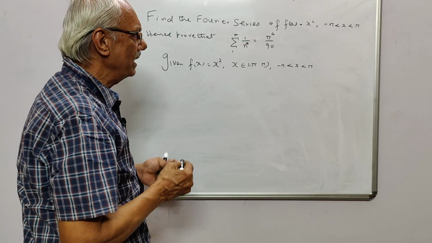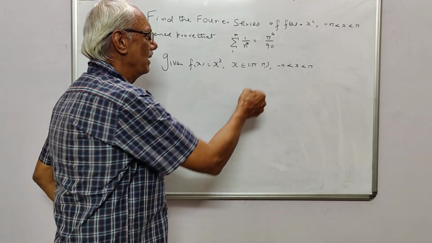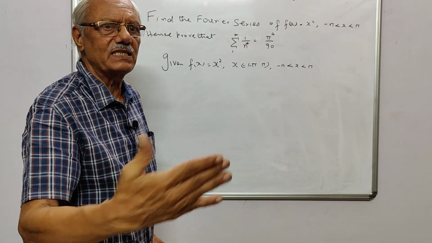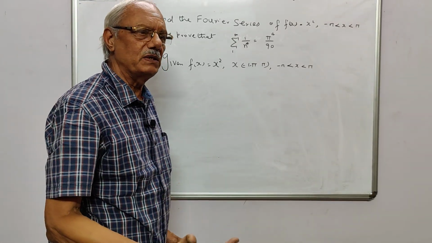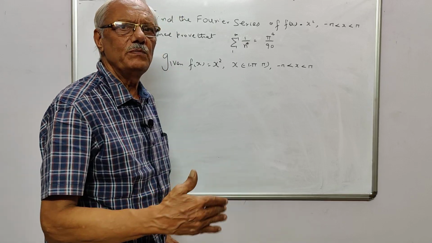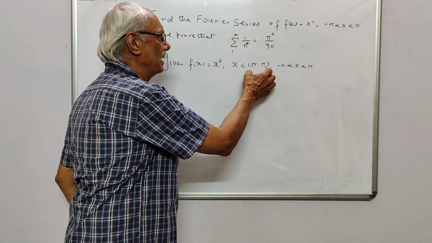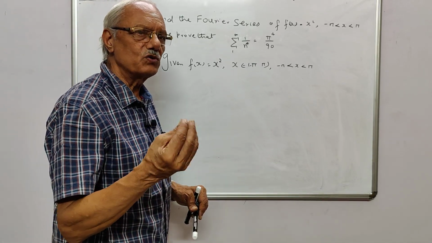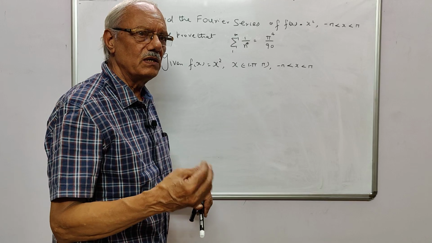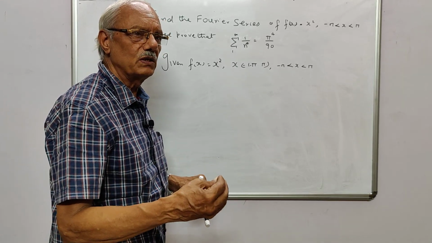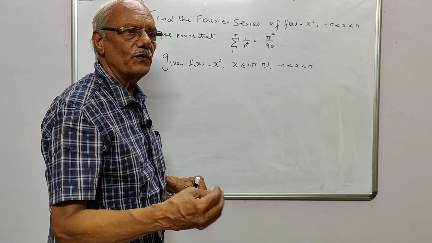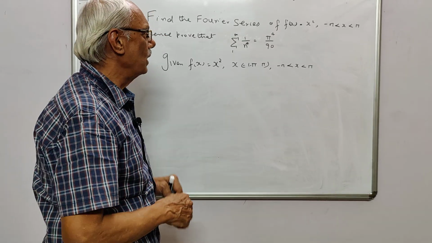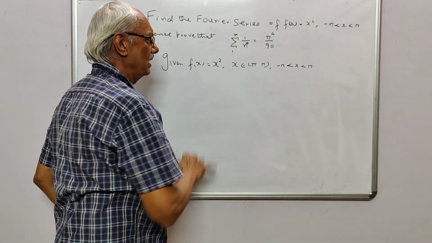That means x will take all the values in between minus pi and plus pi except the extreme points. It will not take the extreme points, but all other points in between it will take. So this is an open interval. Small things I am explaining so that when you go through the problems, you will not find it difficult to understand. That's why I am giving every bit of information. Now, so this is what is given.